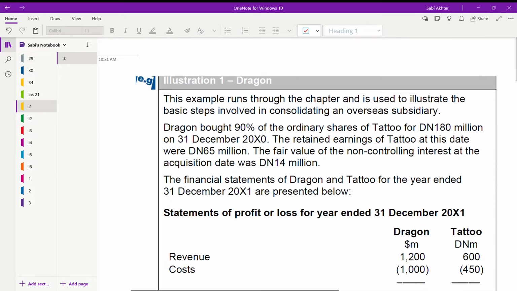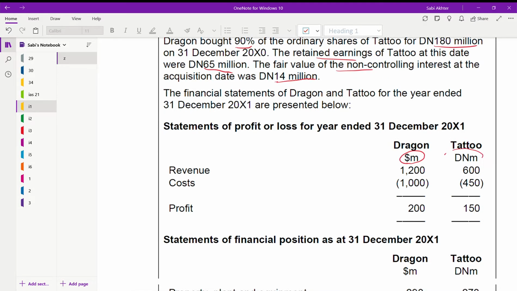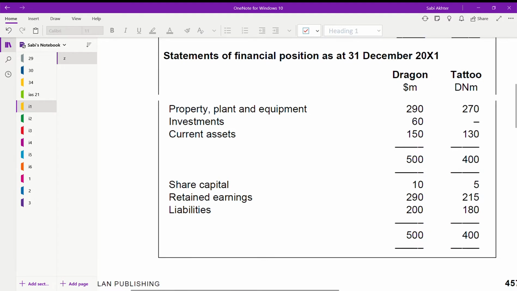So if you see here, they bought 90%, that means it's a subsidiary, for 180, and the retained earnings is 65. All these are in different currency, and the fair value is also 14. And if you see, the subsidiary's currencies are different. And this investment on the consolidation will be eliminated.